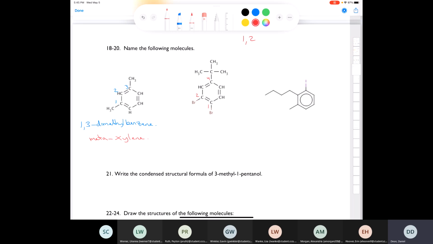And if I compare 1, 2, and 4 versus 1, 3, and 4, okay, 1, 2, and 4 is going to win. So I've got a 1, 2 dibromo and a 4 tert butyl. Well, a bromo, Br, is going to come before Bu for a butyl. So this compound would be 1,2-dibromo-4-tert-butylbenzene.